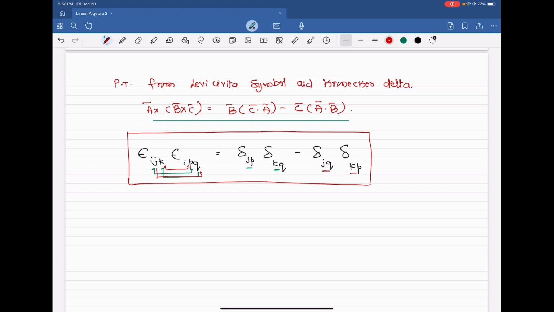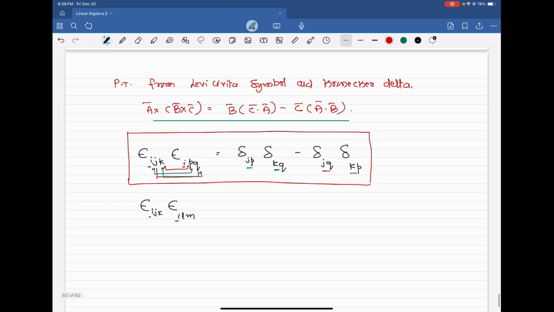In some books it is written as epsilon IJK, epsilon ILM. IJK and all these are only numbers, don't worry about them. You just see, here also this I is common in both. The first one is common in both.